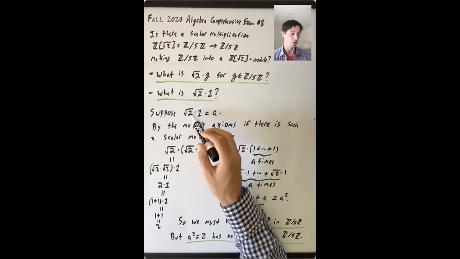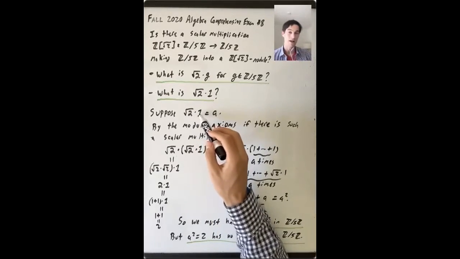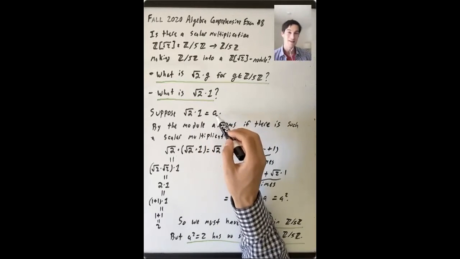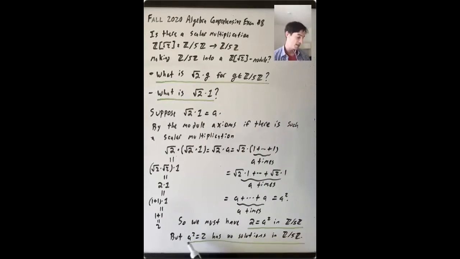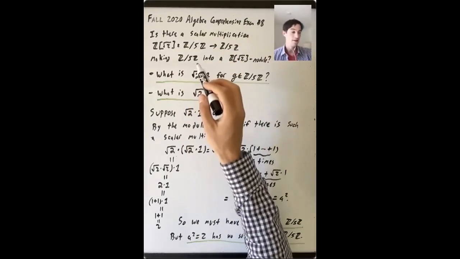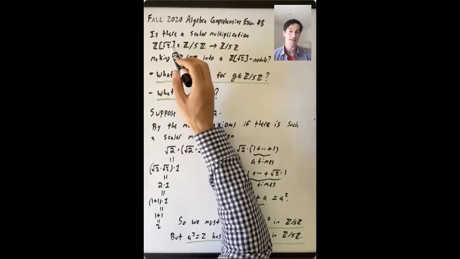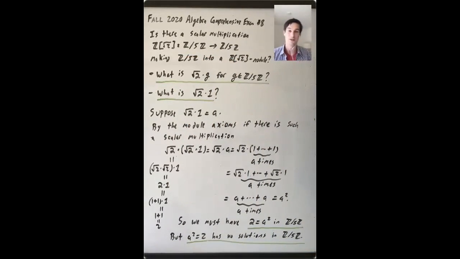There's no good choice of square root of 2 dot 1, because any choice we make, the square of this element in Z mod 5Z has to be equal to 2. But there are no elements that square to 2. So there is no scalar multiplication that makes Z mod 5Z into a Z adjoined square root of 2 module.